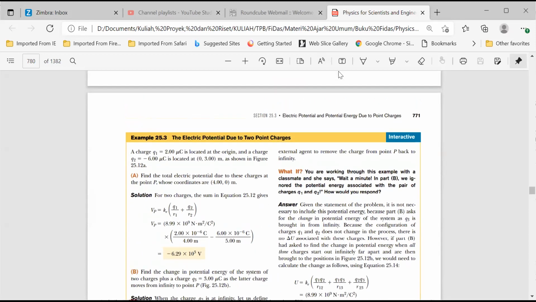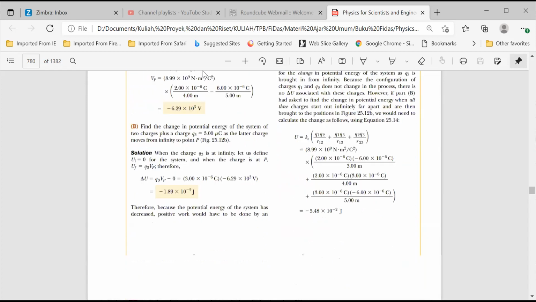So question A: find the total electric potential due to these charges at the point P, whose coordinates are (4, 0). So for two charges, we get this VP here.